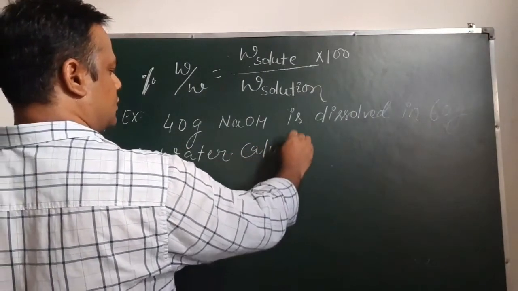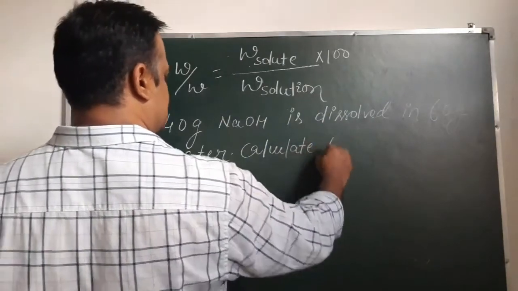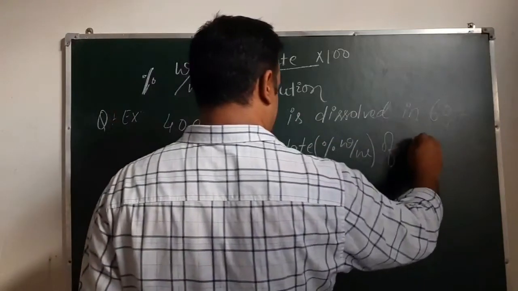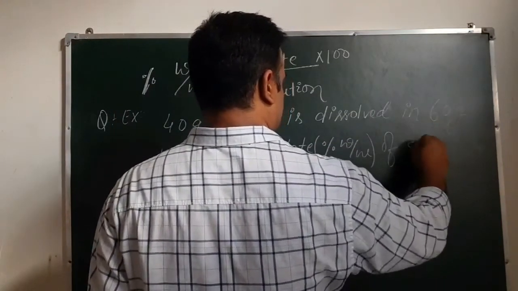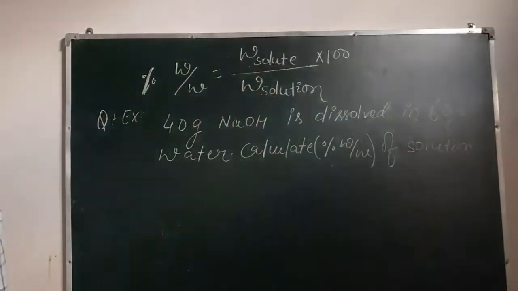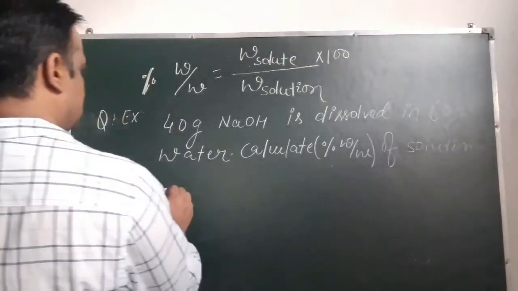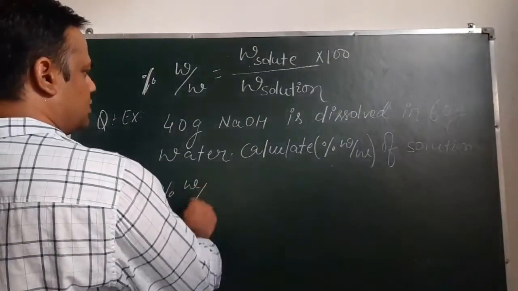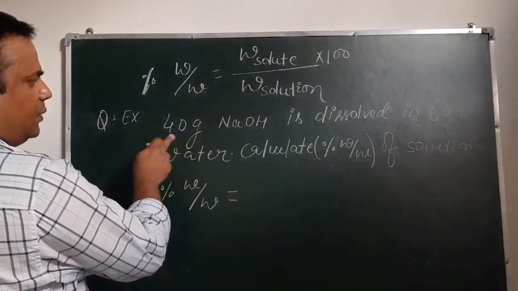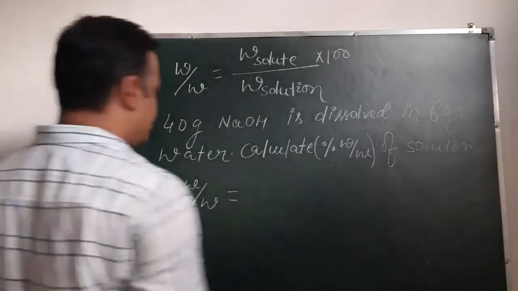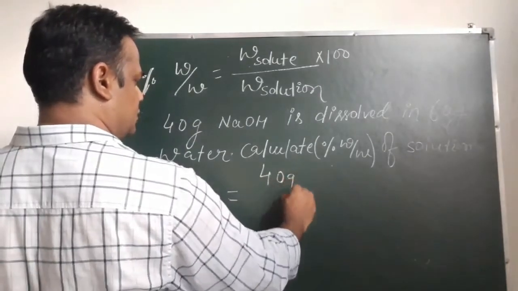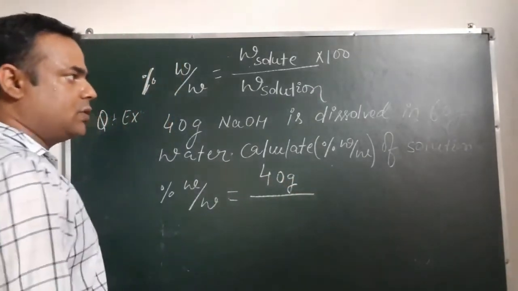Calculate percent mass by mass of NaOH or of solution. So we can use this formula here. Percentage mass by mass will be equal to mass of solute. Here solute is NaOH, because NaOH is present in less amount, and solvent is water, present in more amount. So 40 gram divided by mass of solution.